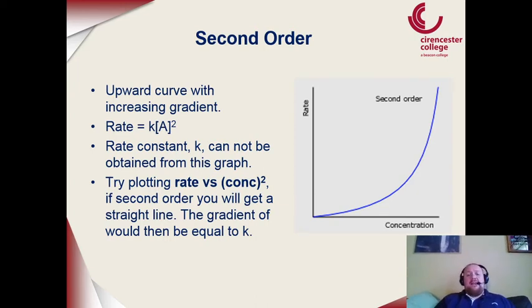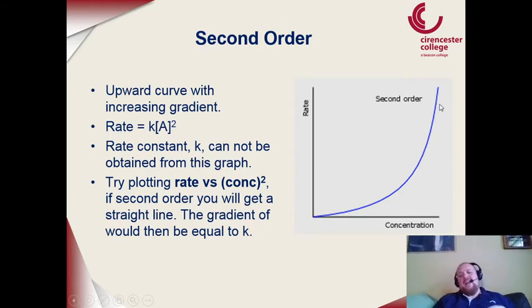Working out what k is going to be is somewhat more difficult with this. If you differentiate it again, you'll get a straight line, and the gradient of that would be equal to k. But I do believe that is beyond what the specification asks us to do. We have rate equals k times the concentration of A to the power of 2, so it is a square function like that.